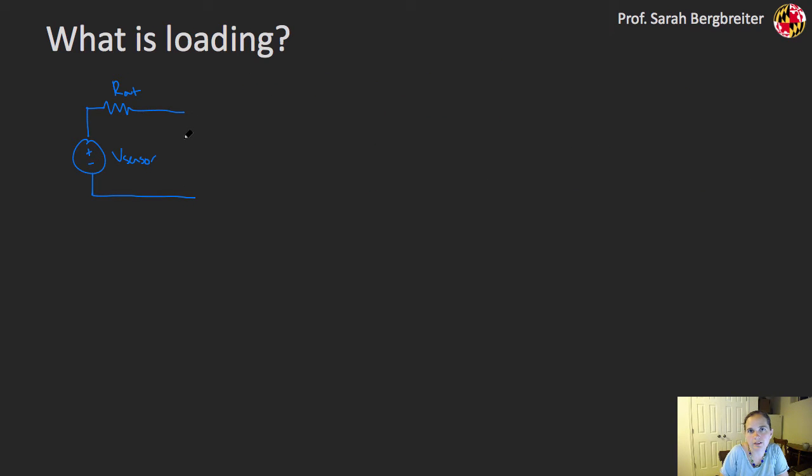Let's look at a really simple example of this. In this case, I have some sensor, this entire block here, indicated by some voltage output that's coming out of my sensor. And maybe this is a sensor hooked into an interface circuit. It doesn't really matter. But I have some voltage output from this sensor along with some impedance associated with it, an output impedance. But I can effectively model it as this, a voltage source with a resistance.